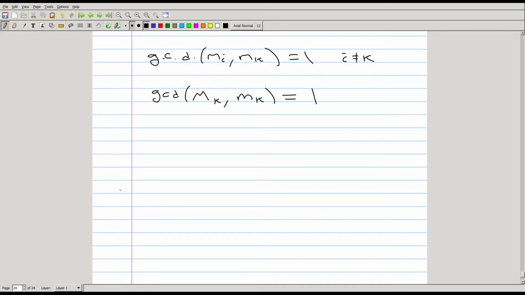And thus, by our inverse theorem, there exists a yk such that Mk times yk is congruent to 1 mod mk.